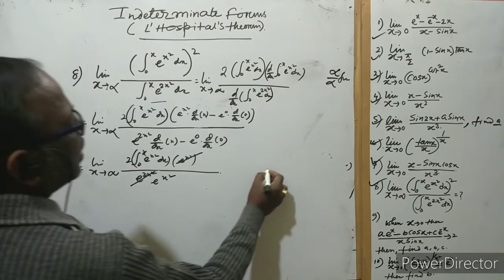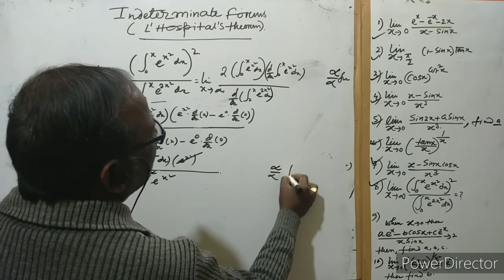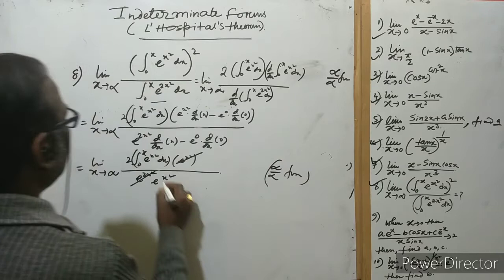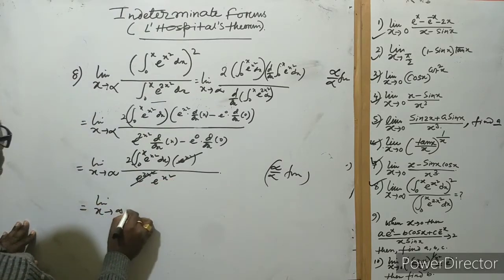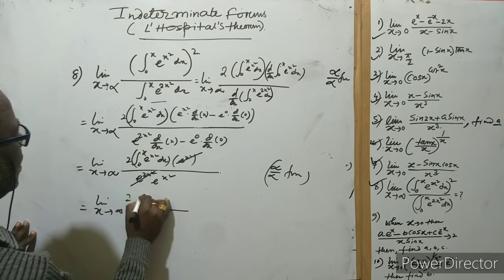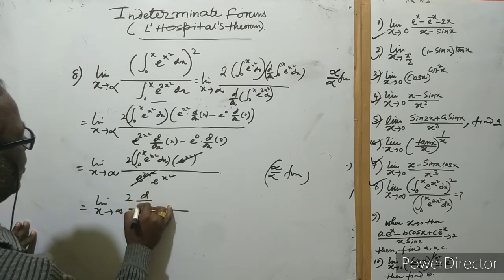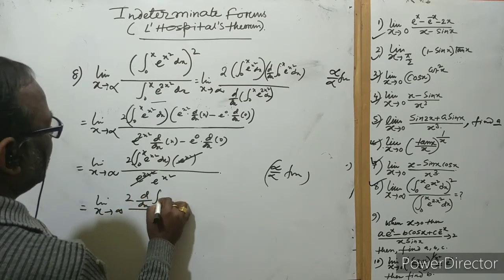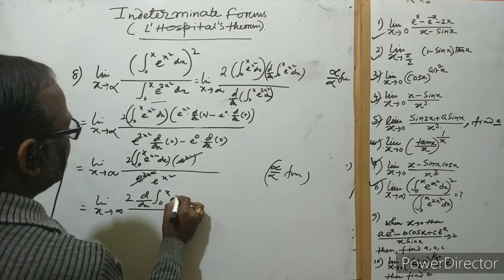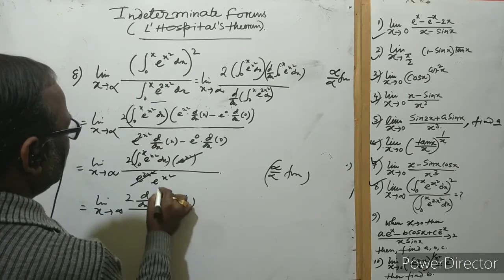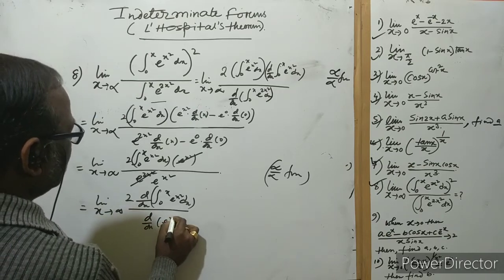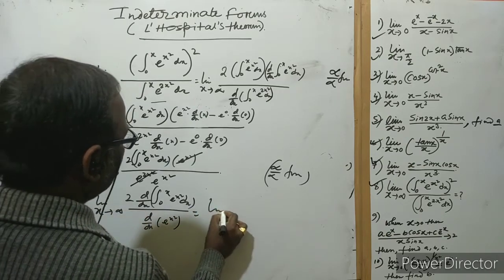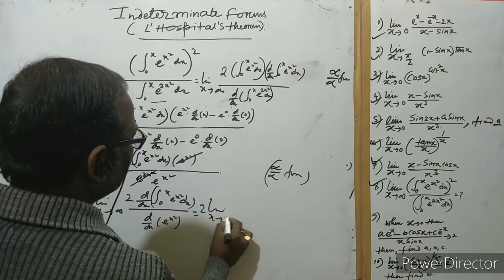Again this is infinity by infinity form, so apply the rule again: d/dx of the integral 0 to x of e to the power x square dx, and d/dx of e to the power x square, as x tends to infinity.